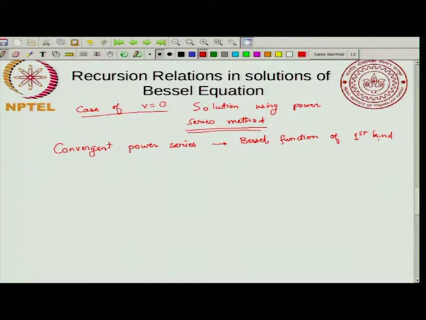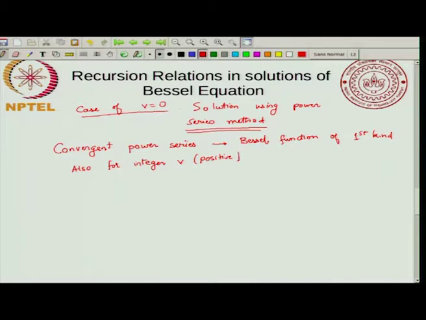So how do we understand this? The case when v equal to 0 is referred to as the Bessel function of first kind, and also for integer v, that is, a positive integer, the positive root.